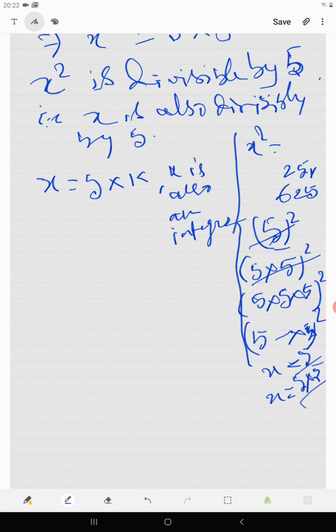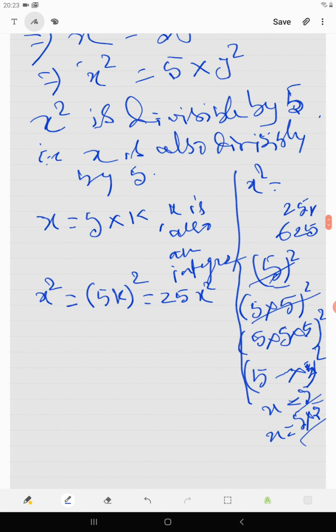Now if x equals 5k, then x square will be 5k whole square, that means 25k square. But if you see equation 1, x square is 5y square, and in the second equation we have x square equals 25k square.